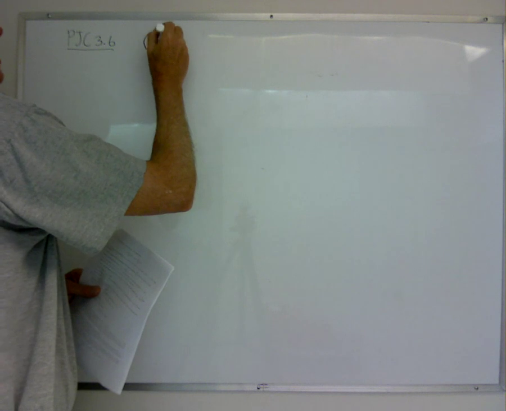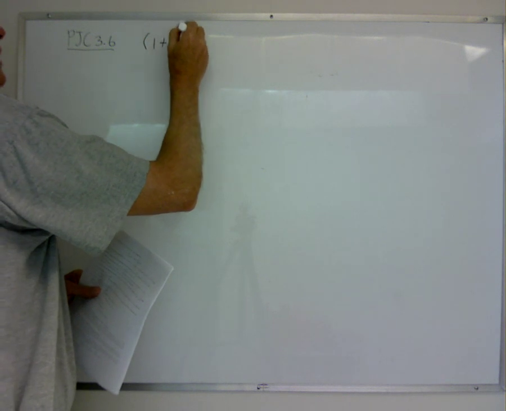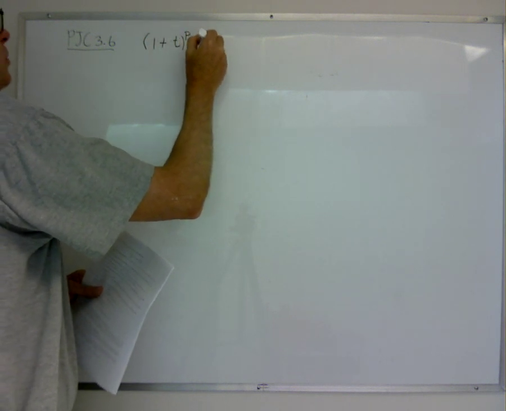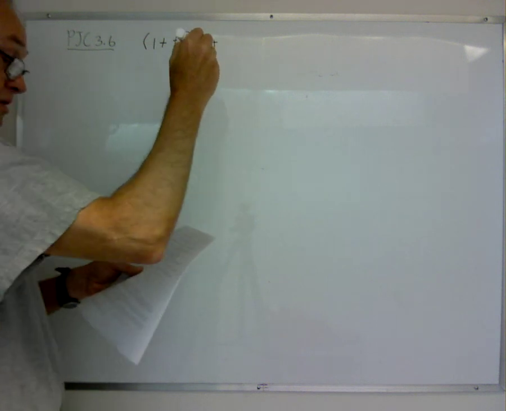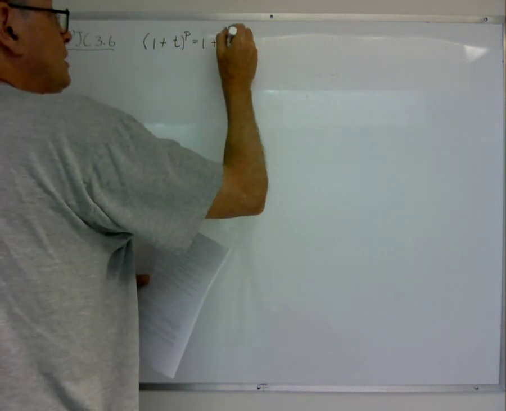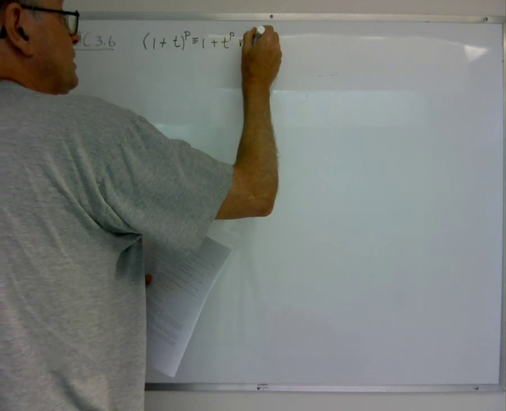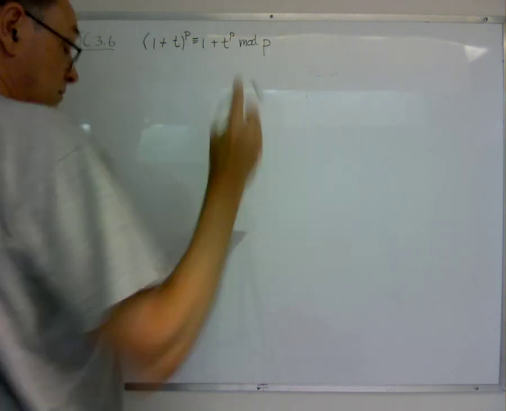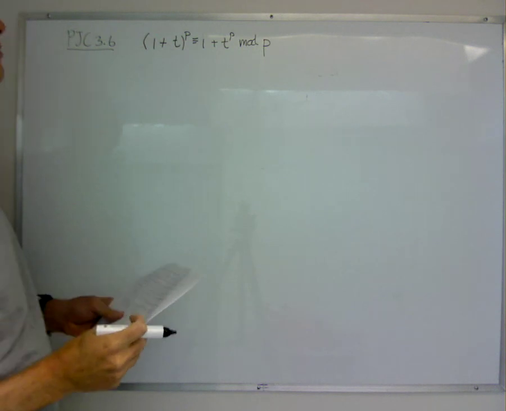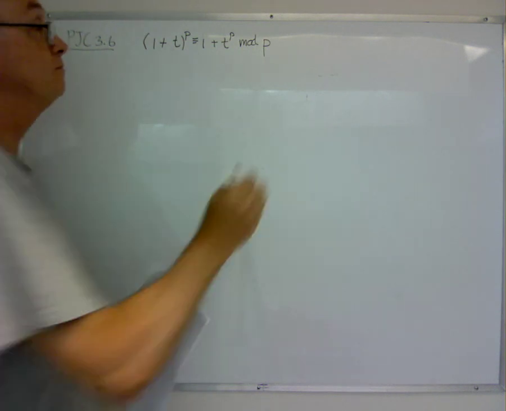So we assume that (1 plus t) to the power p is equivalent to 1 plus t to the p mod p. And p, of course, is a prime number.